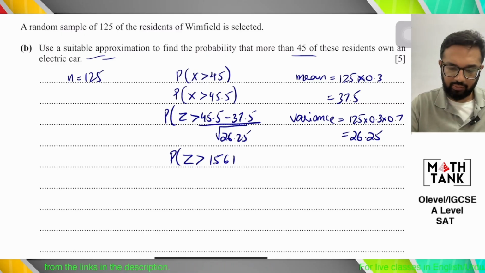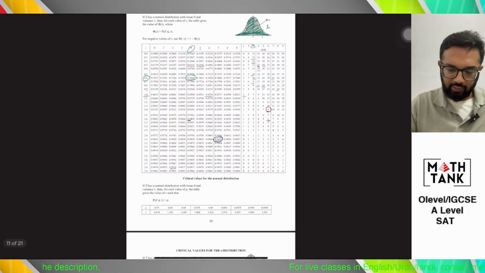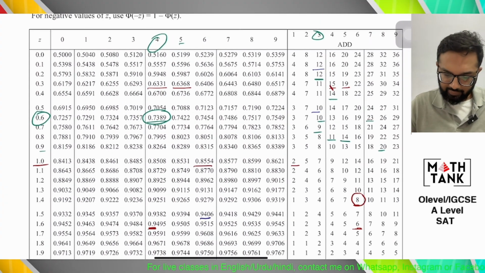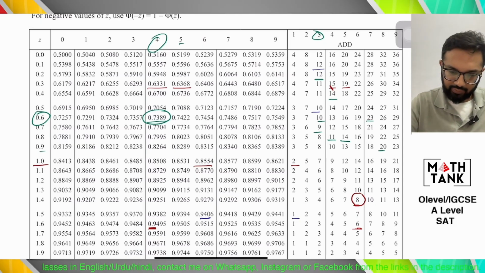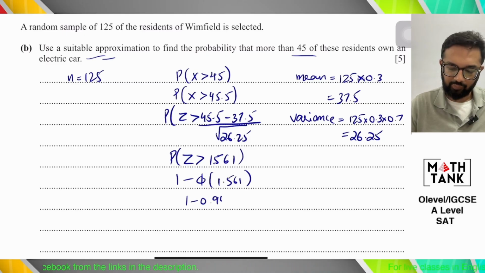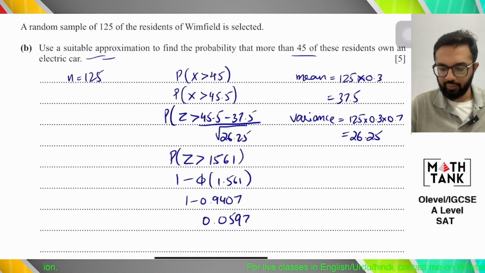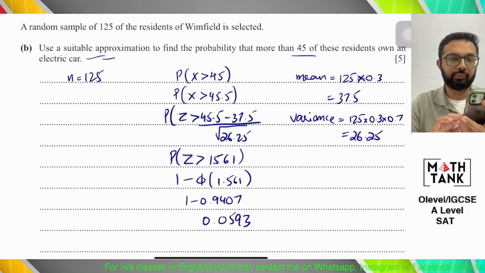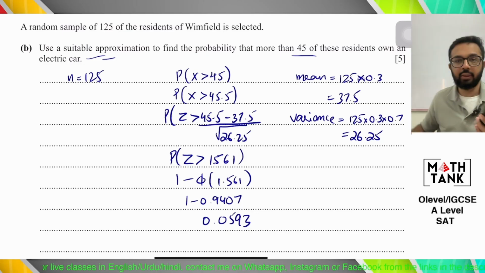Okay, 1.561 is fine. Let's go and check: 1.5619407. So that's 1 minus phi of 1.561, which is 0.0593. That should be the final answer. Yep, that is the final answer.